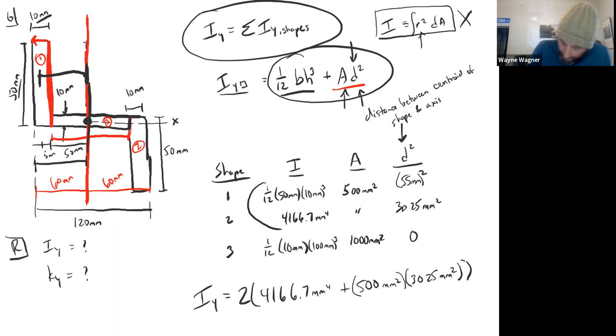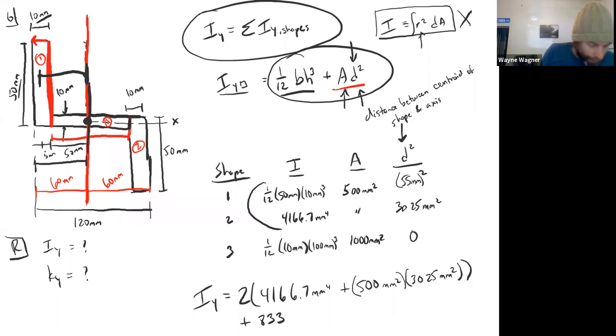Okay, plus this shape, which, let's see here, 1/12 of 10 times 100 cubed. 100 cubed is 1,000,000, times 10 is 10 million, divided by 12 equals a really huge number, 833,333 millimeters to the 4th.